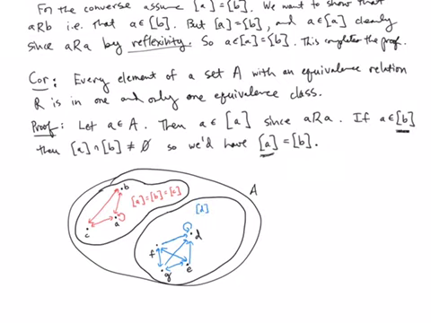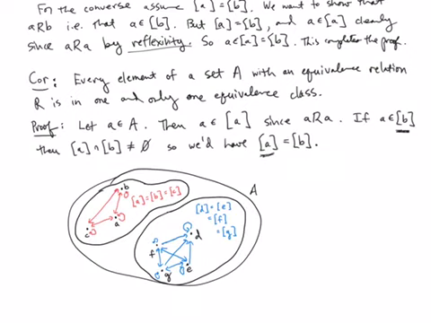Oh, right, I realized I forgot the loops here, so there should be loops at C and B over here, and there's got to be loops at G and F and E as well. So you can call this the equivalence class of D, but you could equally well call it the equivalence class of E and the equivalence class of F and the equivalence class of G. Right.